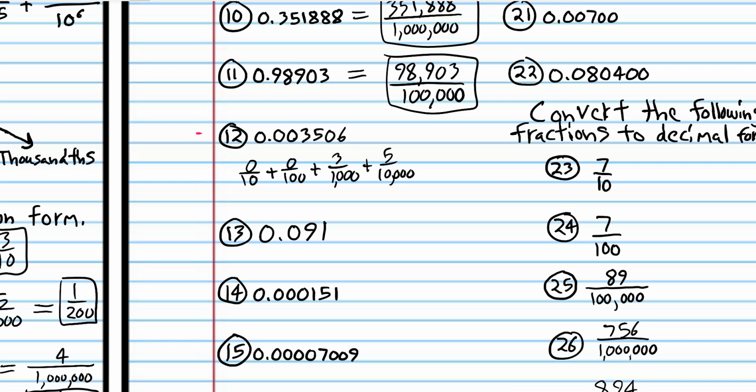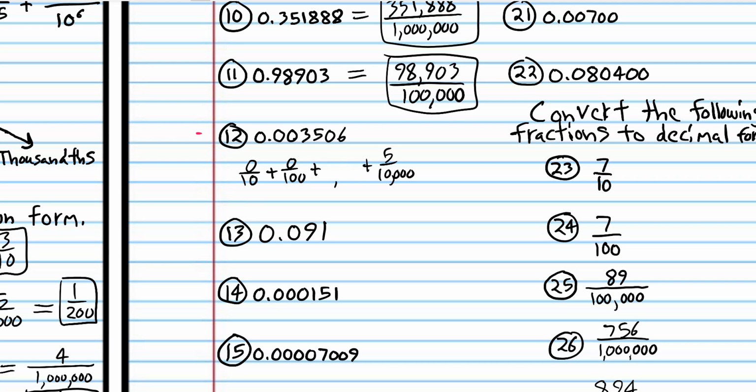They take them all away. They're gone. So you have 0 out of 10. So what is 0 out of 10? It's just 0. And 0 out of 100 is 0. So you can just ignore those. So then you have 3 1,000ths plus 5 10,000ths, and so on and so forth.